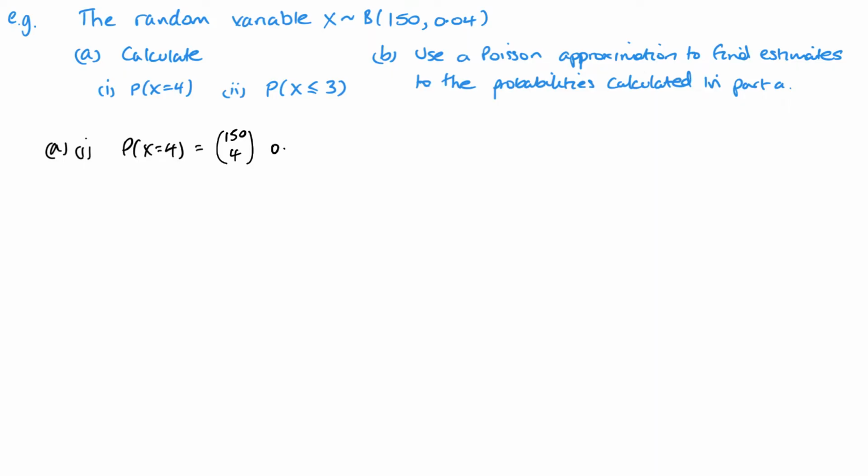Then we've got 0.04 to the power 4 multiplied by 1 minus 0.04 to the power 146. Then I just need to go to my calculator. And as usual, I'm going to put this to 3 significant figures, so 0.134 there.